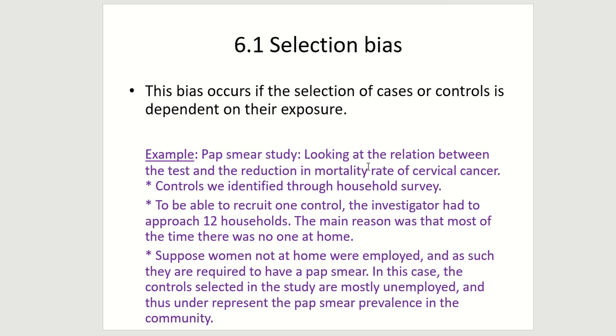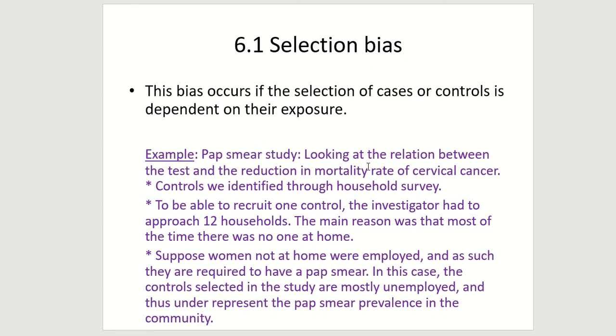The main reason was that most of the time there was no one at home. Suppose a woman not at home was employed, and as such, she is required to have a pap smear. In this case, the controls selected in the study are most likely unemployed, and thus underrepresent the pap smear prevalence in the community. I don't know if that example is clear.